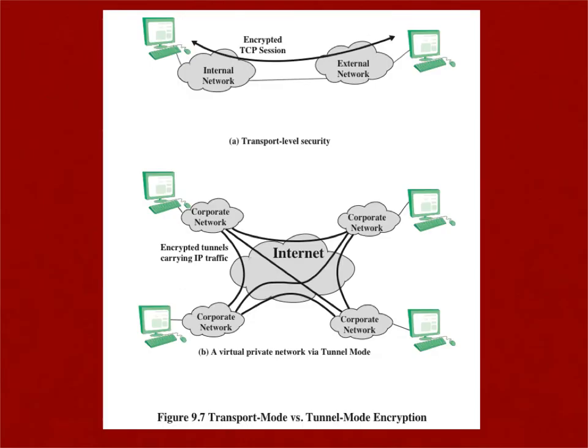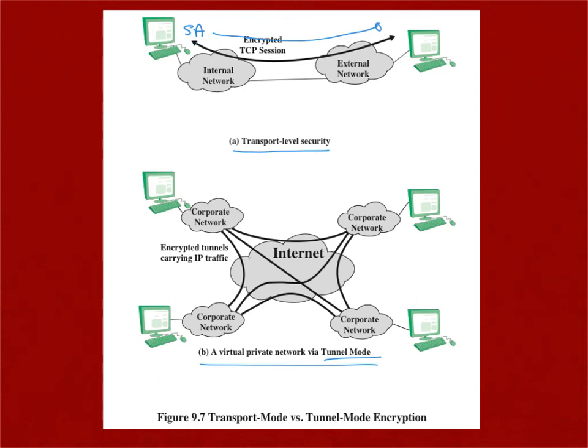So here there is nothing new. We have transport level security and we have the tunnel mode, or virtual private network security, which uses the tunnel mode. If you establish a host-to-host secure communication, you need to establish a security association, and remember, a security association is a one-way logical connection.